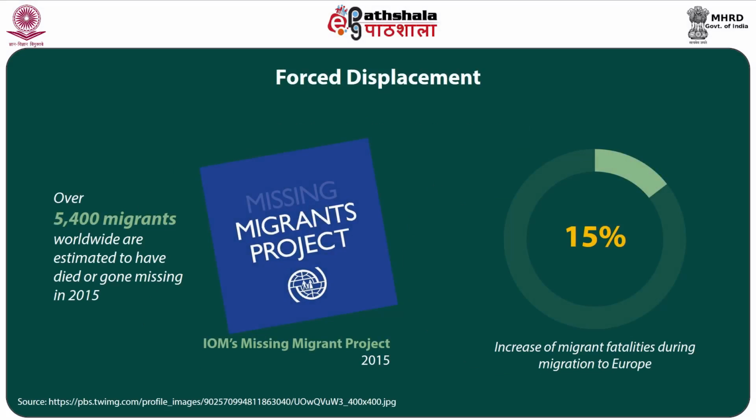Over 5,400 migrants worldwide are estimated to have died or gone missing in the year 2015. According to the IOM's Missing Migrant Project, migrant fatalities during migration to Europe increased by 15% compared to the previous year.